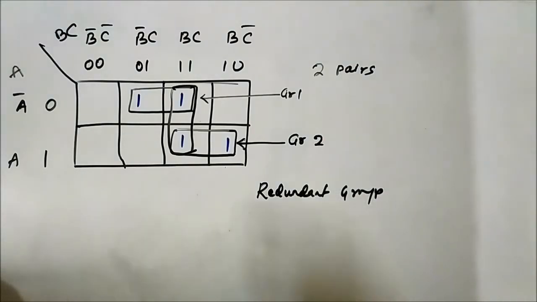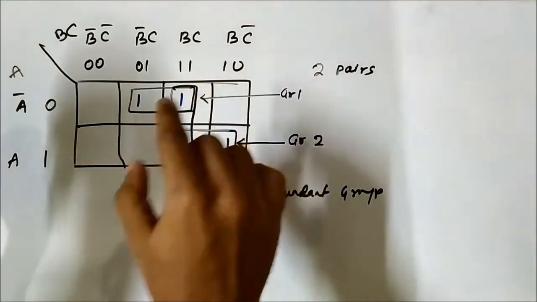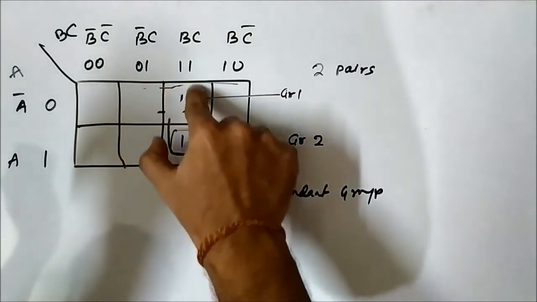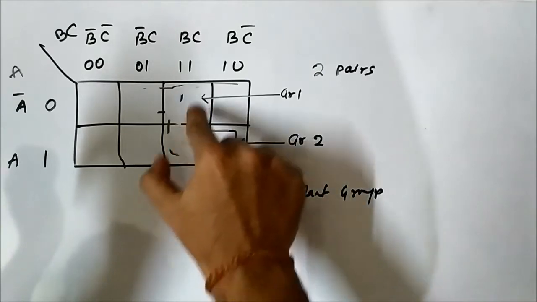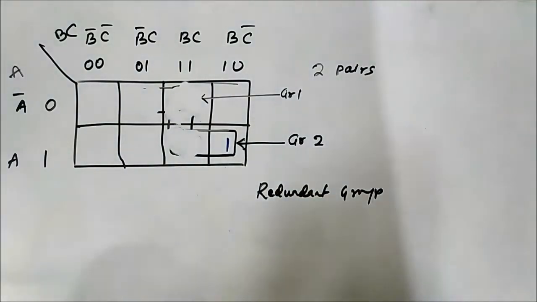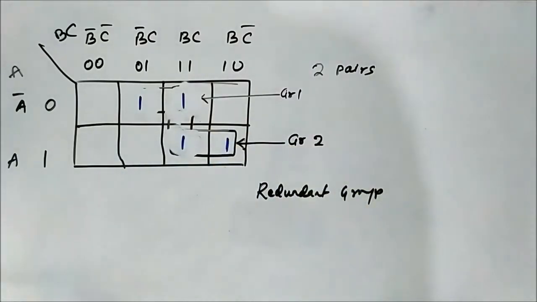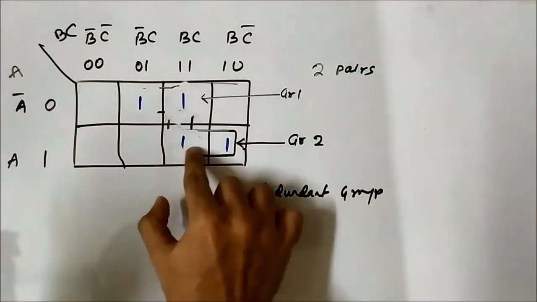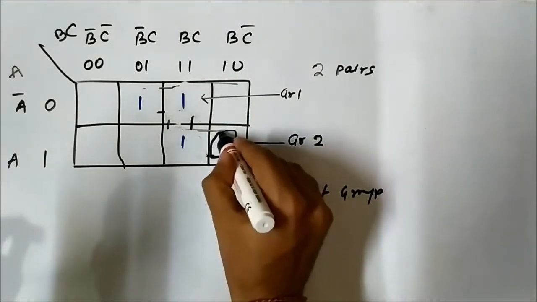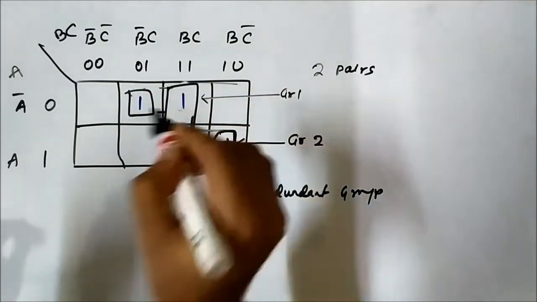Now here, it was like this, 1 1 1 1. If you say that we will form single cell groupings like these two, and form this group, then it is wrong.